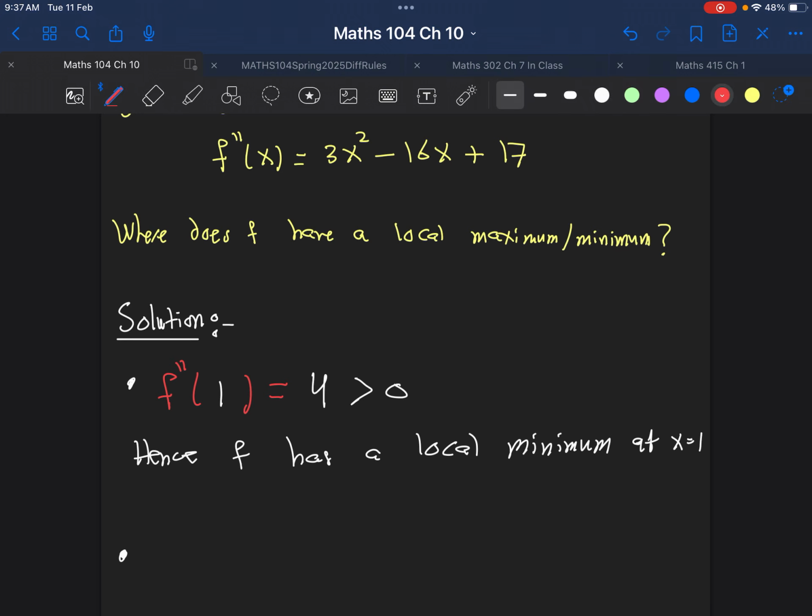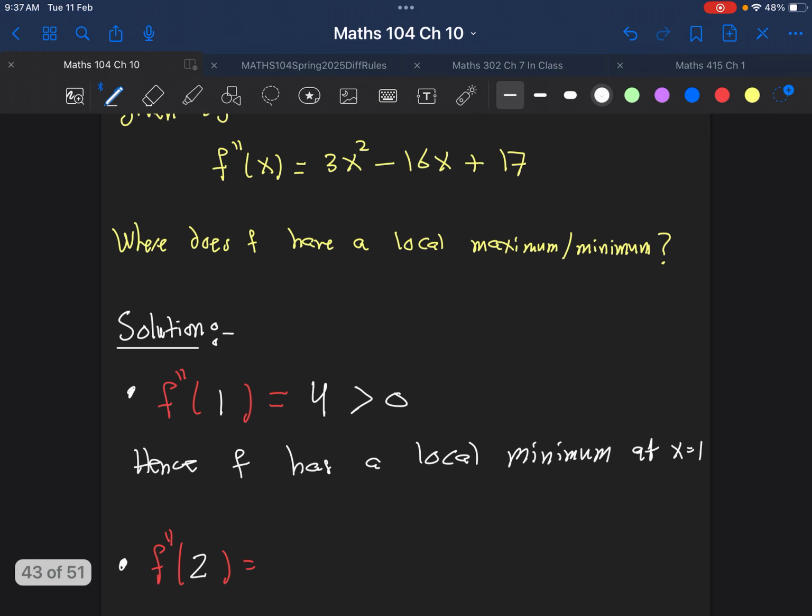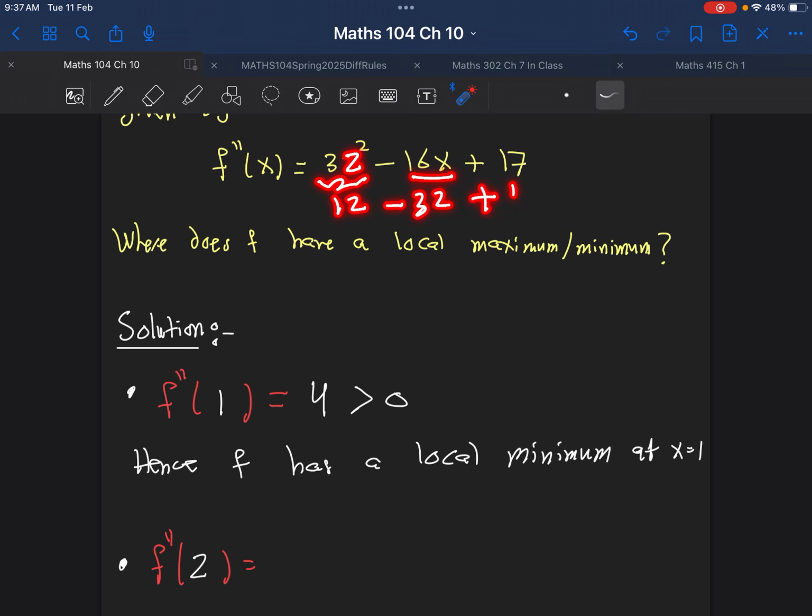Now, for the other critical number, we just need to substitute it again. So x equal to 2, we substitute 2. Now, if you substitute 2 here, this will be 12, this will be 32, and this will be just 17. If we add them, this will be just minus 3.